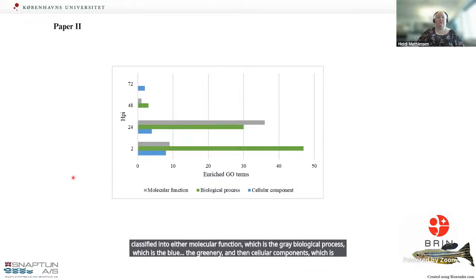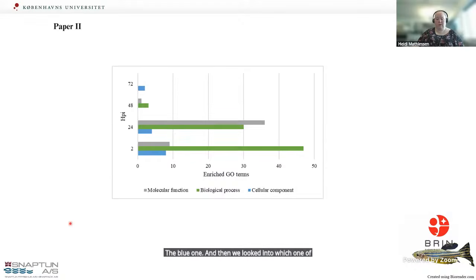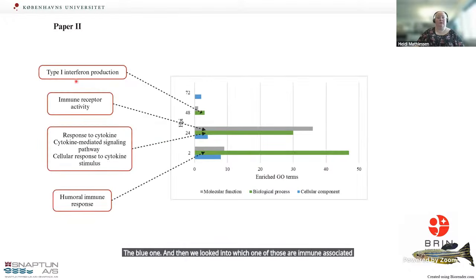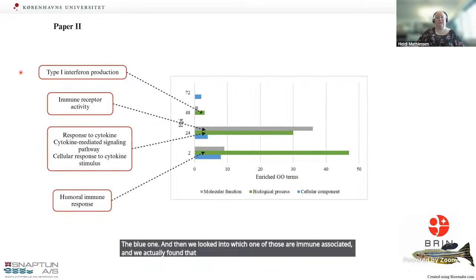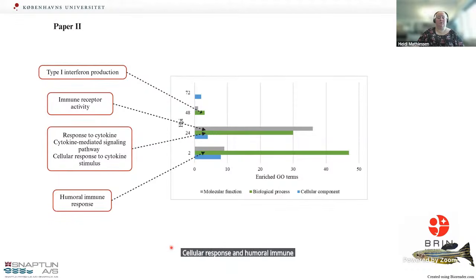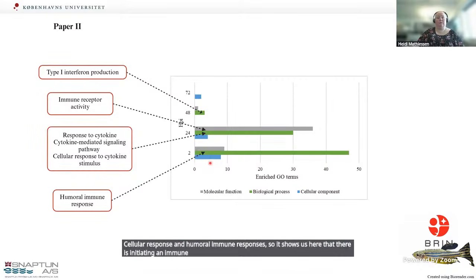Then we looked into which of those are immune associated, and we found genes assigned to categories such as type 1 interferon production, immune receptor activity, response to cytokine, cytokine-mediated signaling, cellular response, and humoral immune responses. So it shows us that an immune response is being initiated, all the way from 2 hours up to 48 hours.